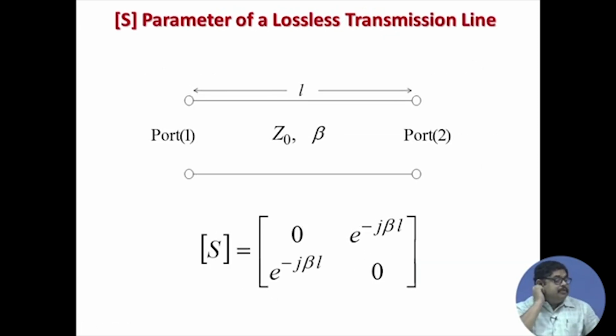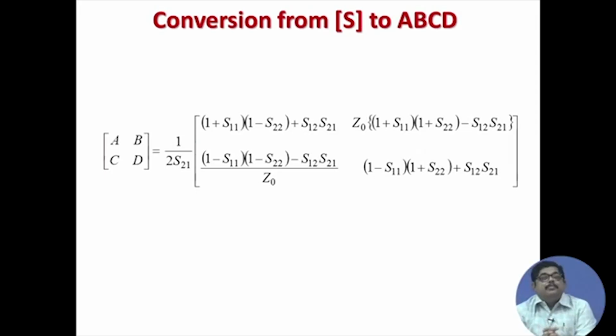So, we get the same thing that we got from conversion from ABCD parameter, that shows that our formula is correct. So, now you know that if you have any circuit, if it is a distributed circuit, it is better to find its S parameter, because actual transmission is happening through waves. So, you can find S parameter, then from S you can reconvert back. That formula is given here, that if you know S parameter, how to find ABCD parameter.